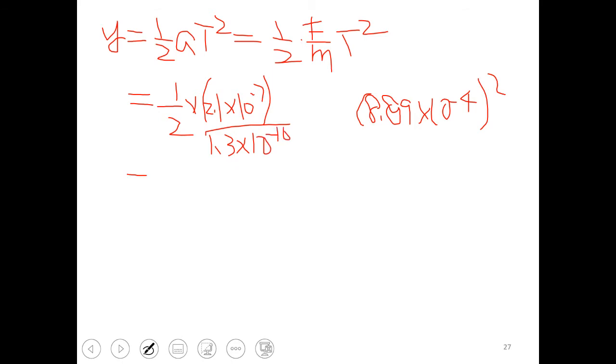So actually this is nothing but 6.4 times 10 to minus 4 meter, which is 0.64 millimeter.